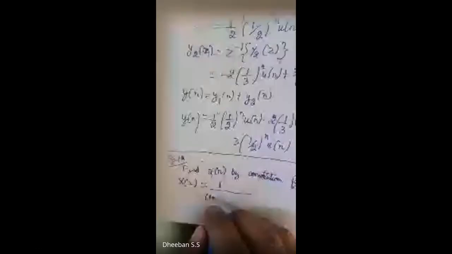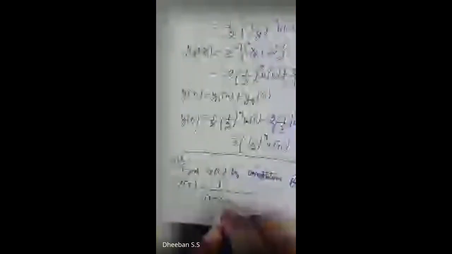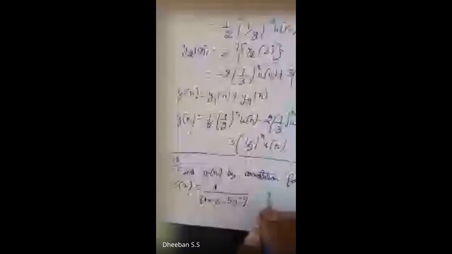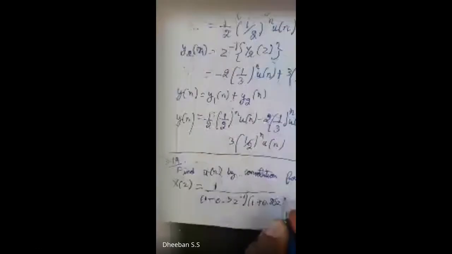Find x of n by convolution for x of z. They have given 1 minus 0.5 z inverse, into 1 plus 0.25 z inverse.